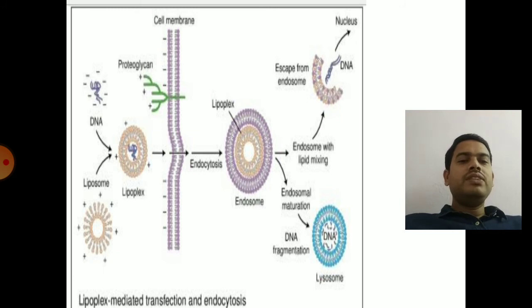One coat will combine with the lysosome, the other coat will combine with the nucleus, such that the DNA is transferred into the nucleus where it can segregate into your chromosomes. So this is how you use liposomes or lipoflex for transfer of your foreign DNA into the animal cells, bacterial or plant cells.